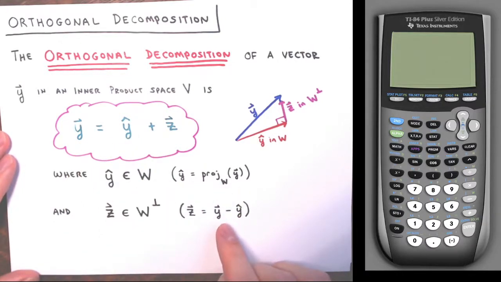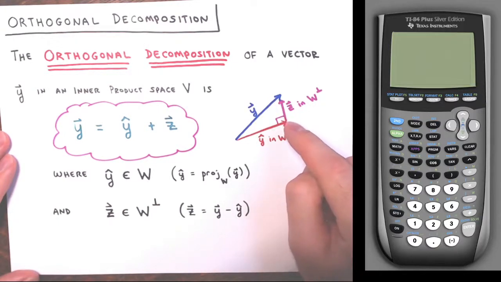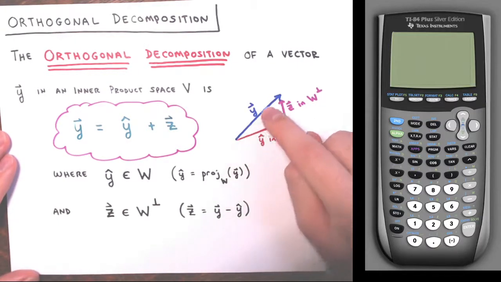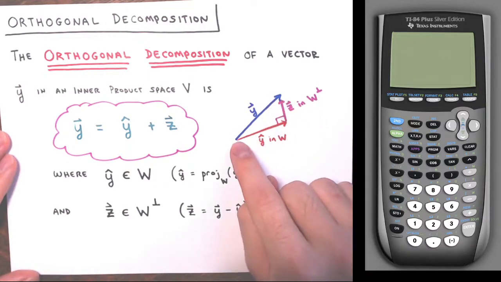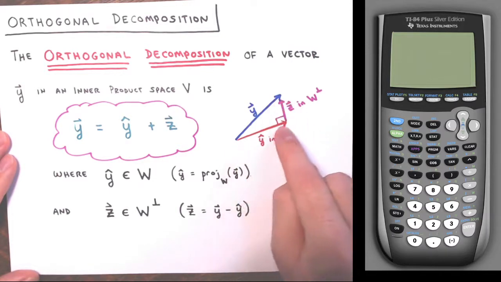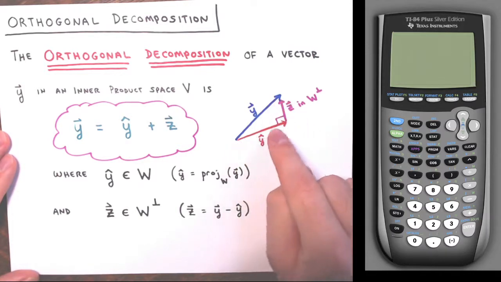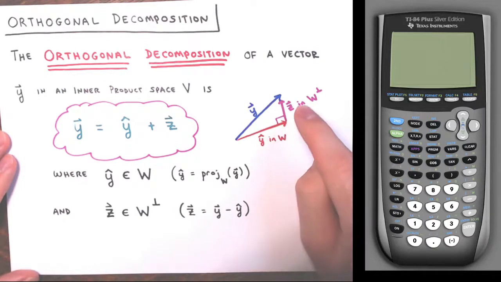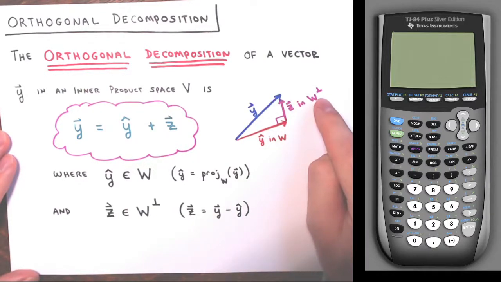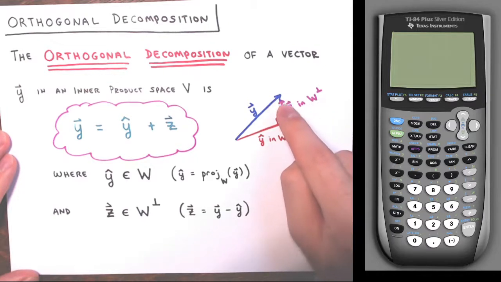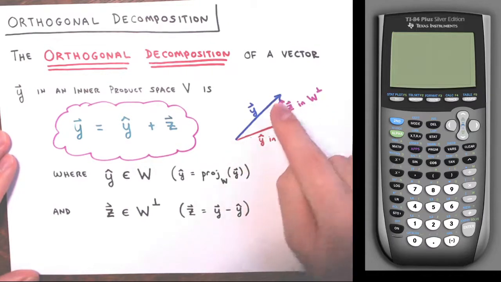And here's a little generic picture. If vector y is in V, you're going to project that down to W. So say this here is the vector y hat that's in W, and then you would add to that some orthogonal vector in the orthogonal complement of W, this vector z, so that the sum of them is y.